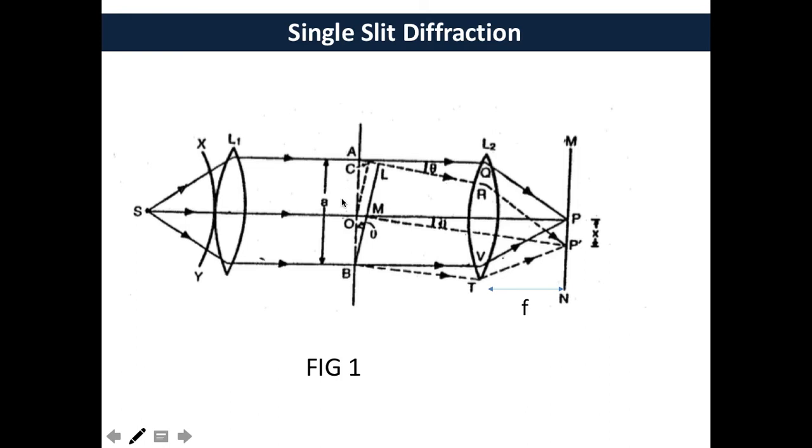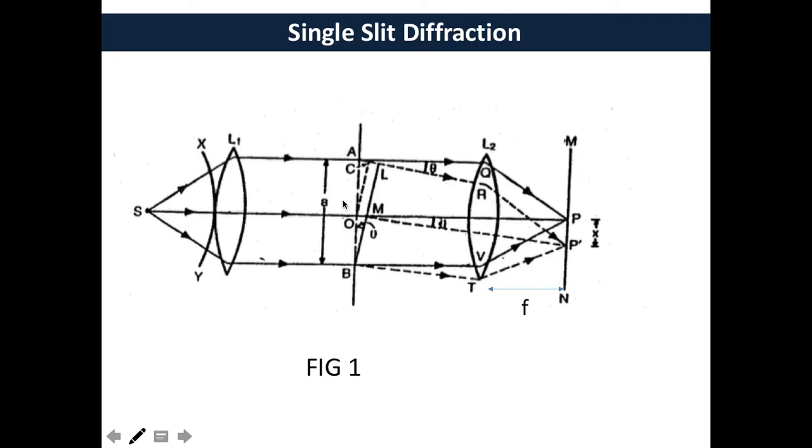So two of the lambda by 2 will cancel out, and one lambda by 2 remains. From that lambda by 2, constructive interference happens and bright fringes we can see, right?